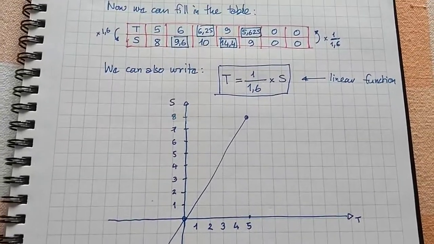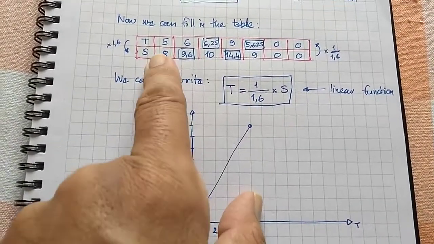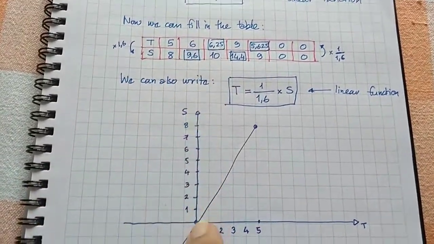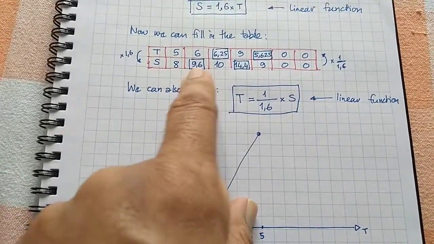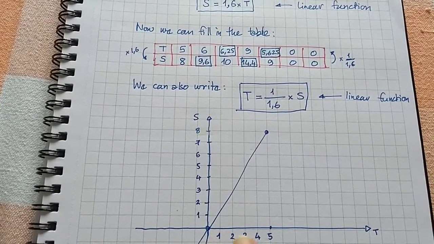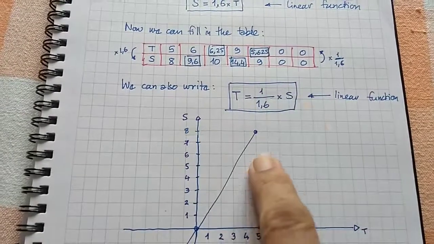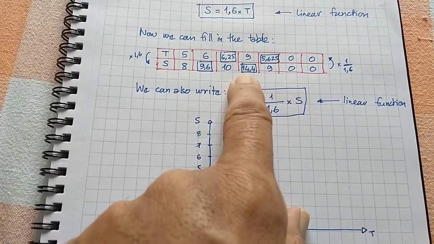Oh, okay, just one more thing I want to add is that in this graph, all these points will be on this line. So if you take t is equal to 9 here, and you join it with this straight line, you will get s is equal to 14.4.